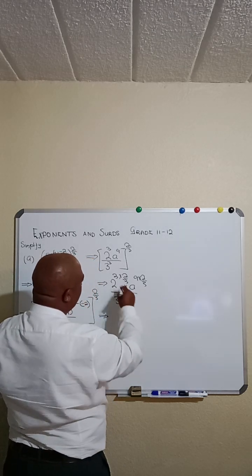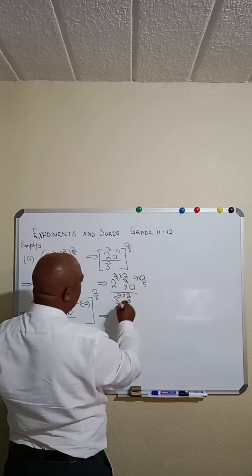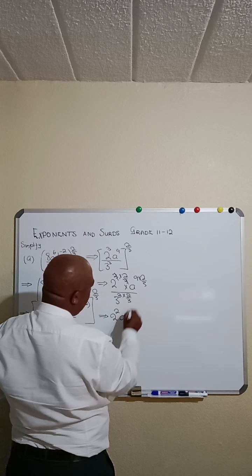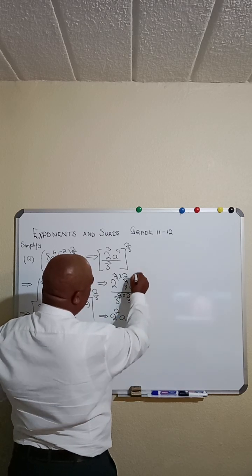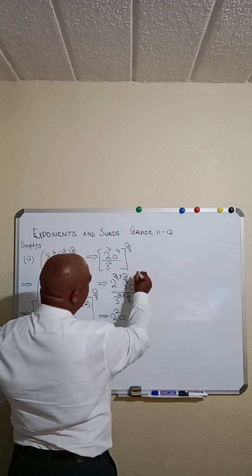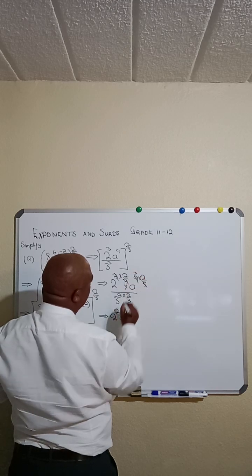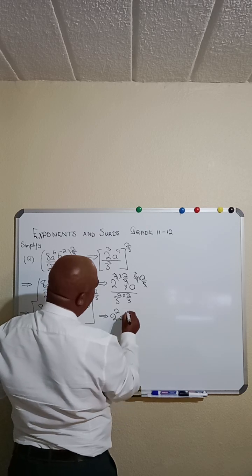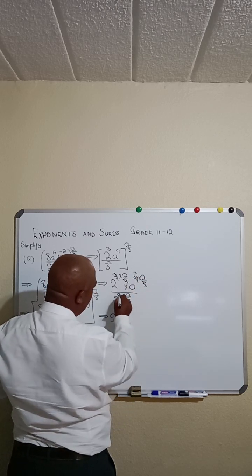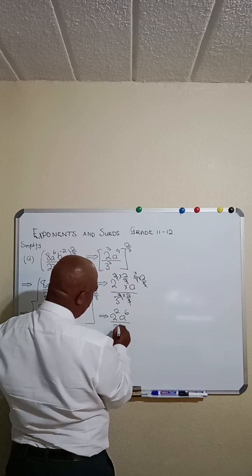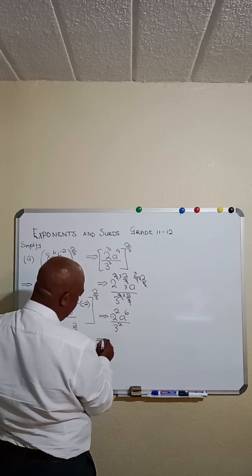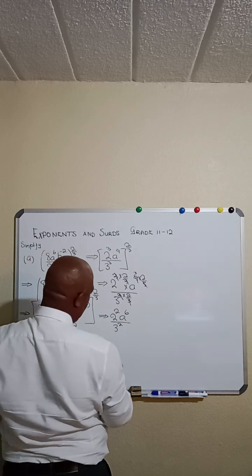Now if we look here, this cancels this, and we're left with 2 to the power 2, and then a, and 9 times 2 over 3 gives 6. Dividing, this cancels this, and we're left with 3 to the power 2.